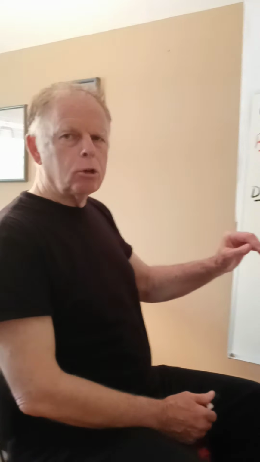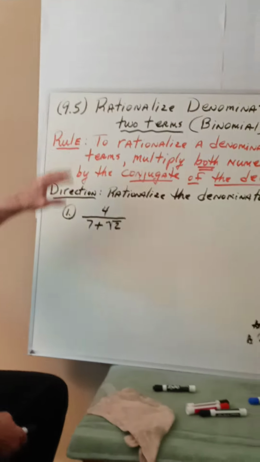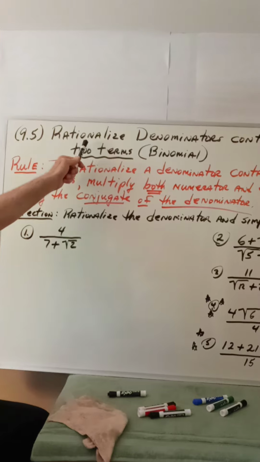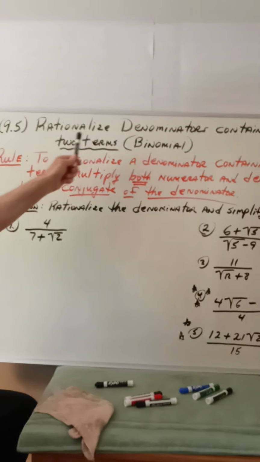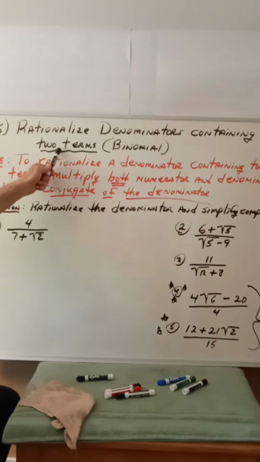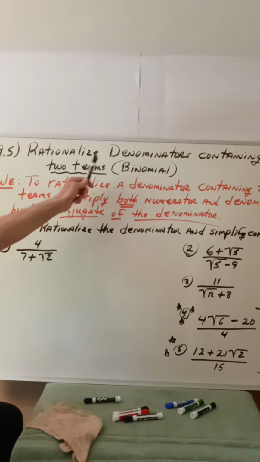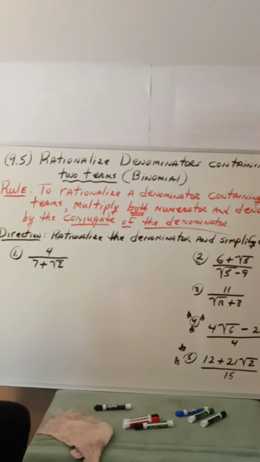So now we're going to complete the last part of 9.5, which is rationalizing denominators containing two terms. A denominator that has a binomial in it.